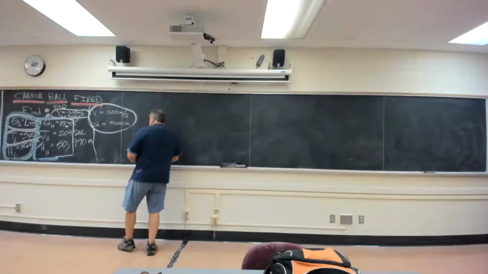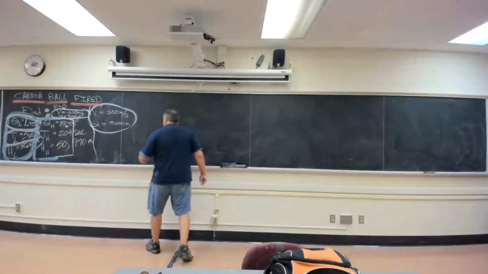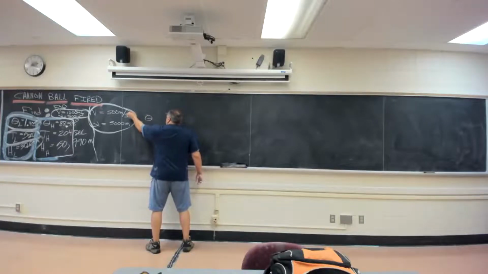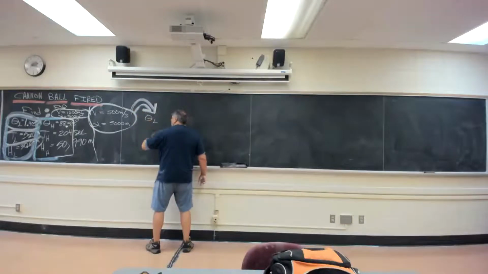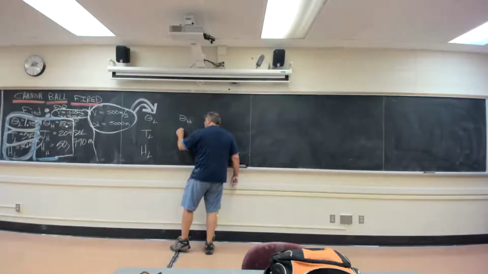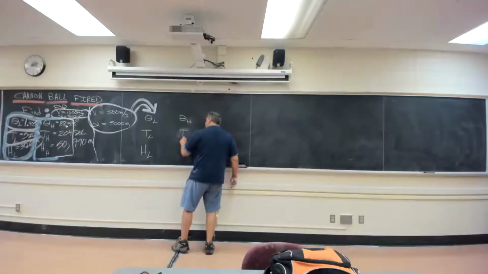Where's this going? Well, it's going where the other one went. It's kind of the same thing here. We could say theta sub L for this one, T sub L, H sub L, theta sub H, T sub H, H sub H. If it looks familiar, it's very familiar.